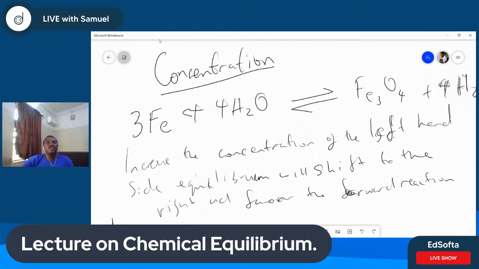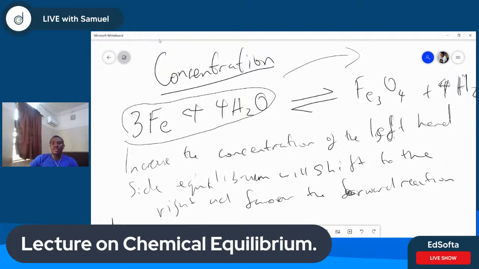If you put in more iron or more water, equilibrium will shift towards the right and more of the products will be formed. So it will favor the forward reaction.